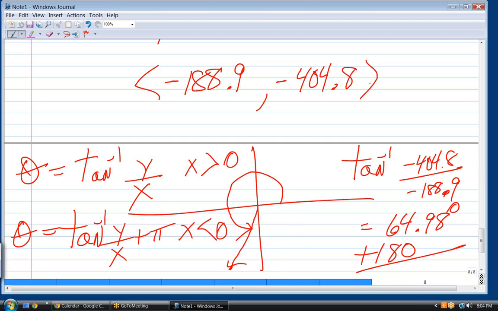If x and y are both negative, it has to be the third quadrant. So I better have an angle between 180 and 270, and I do: 244.98. And that makes sense for that angle.